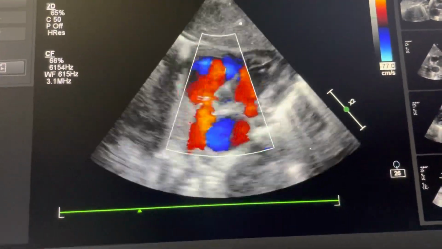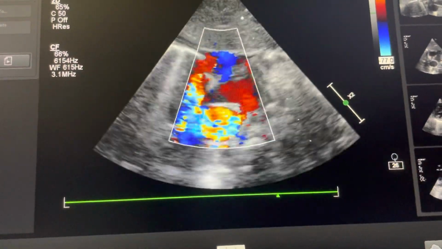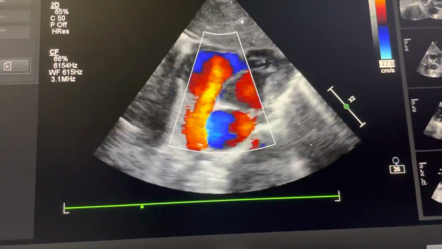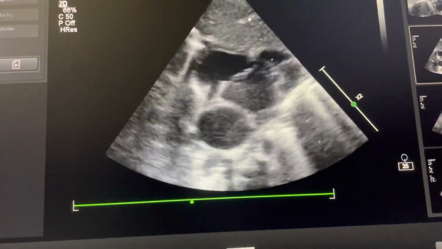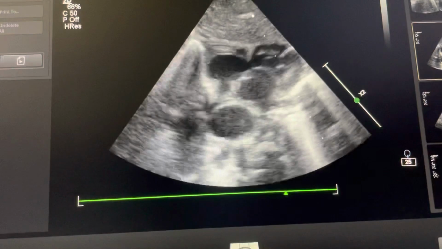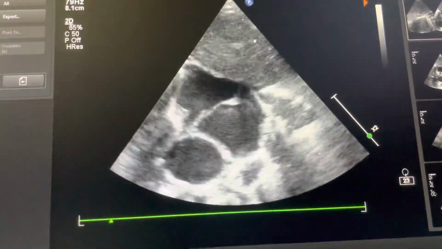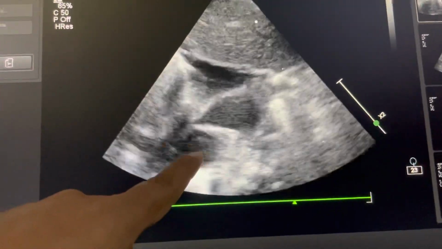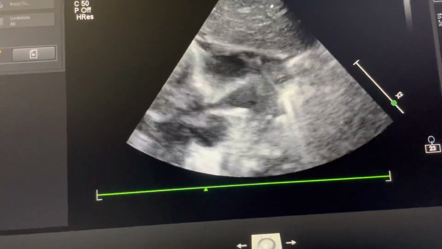Again, same image. Whenever you see the pulmonary artery significantly dilated, then you suspect significant pulmonary stenosis, because post-stenotic dilation is quite common when very significant pulmonary stenosis is present. Just revising all the images, the RPA is quite enlarged, that is abnormal if you compare with the normal structure.